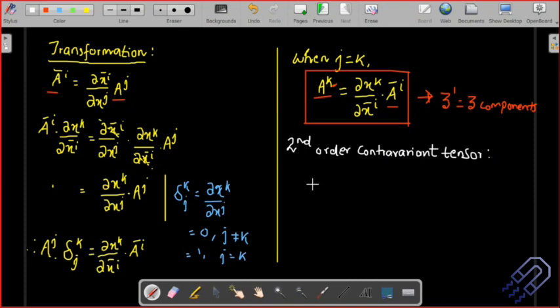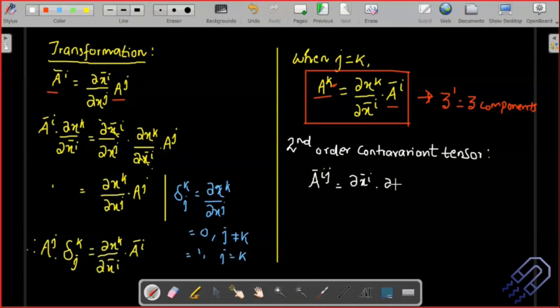We basically have it as A bar, and we are going to write it down as ij. It depends on how many components it will have. So i and j are both on top. How I represent it is this: del xi bar. We have done it in a similar way, but then we have got j also, so I'll write it down as del xj bar.